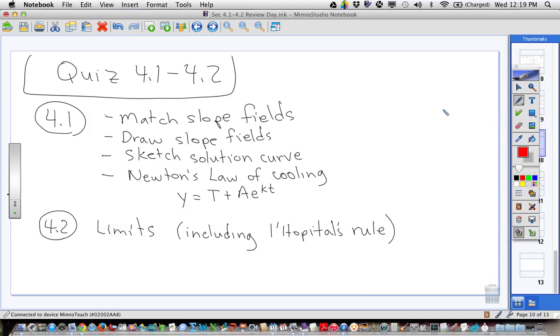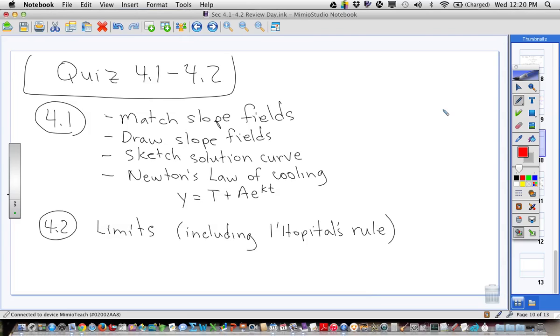Also, drawing slope fields like on this page, maybe it would be 1 or 2 or 3 little ones to draw, or maybe just one big one to draw. And then also I had sketched in, now I don't think I told you to do that on this worksheet, but I think one year I had told the class, use the initial condition 0, 1 and sketch in the solution curve.